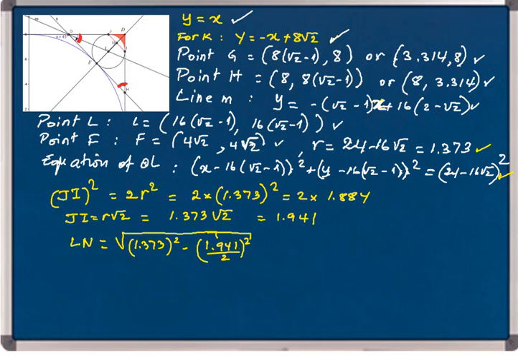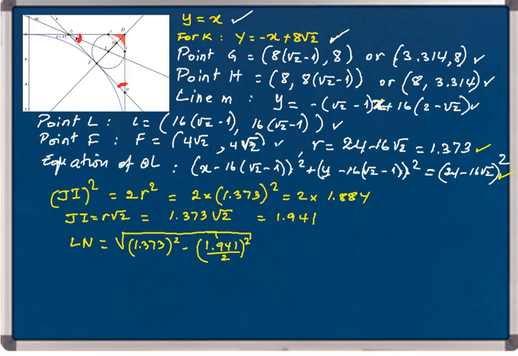All right. We know that this one will be 0.970 squared here, 0.971 actually.